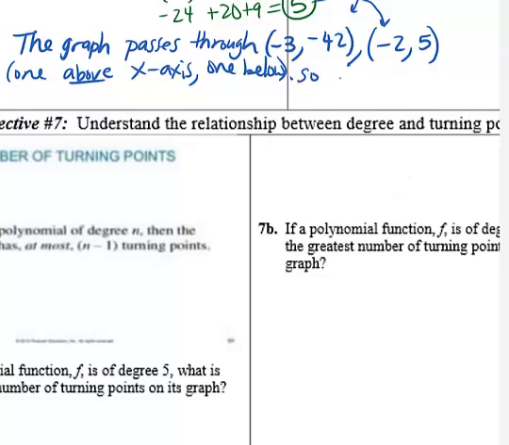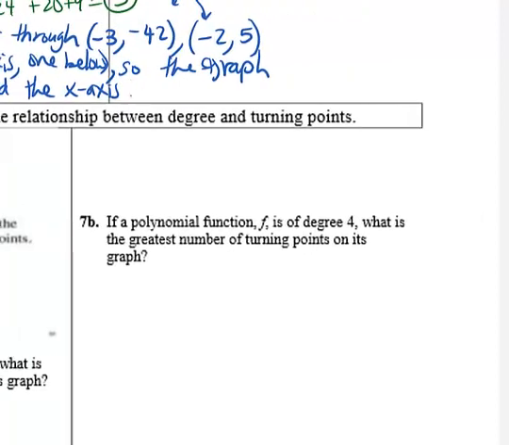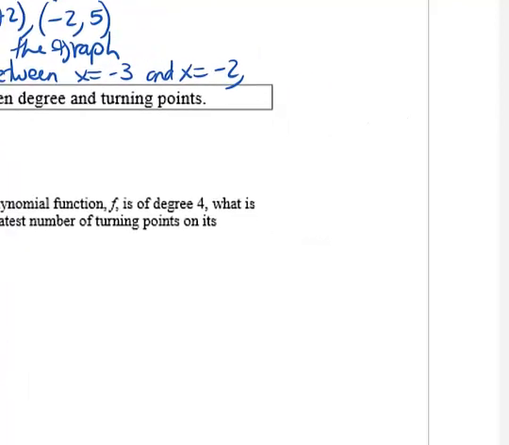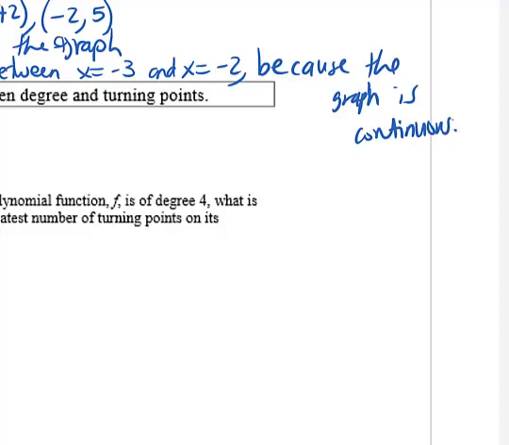So the graph must have crossed the x-axis somewhere between those two x values, between x equals -3 and x equals -2. And I think the key words they probably want to hear is because the graph is continuous. We've talked about that before, that polynomial graphs are always continuous.